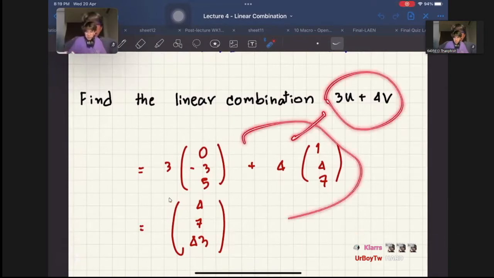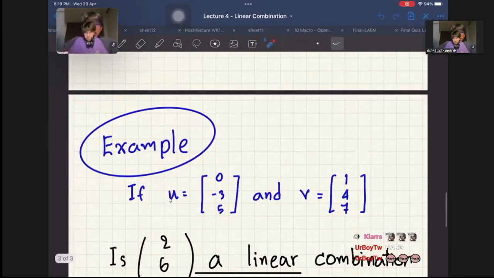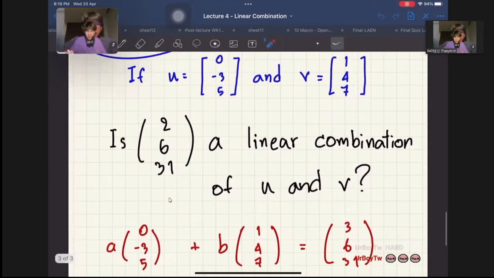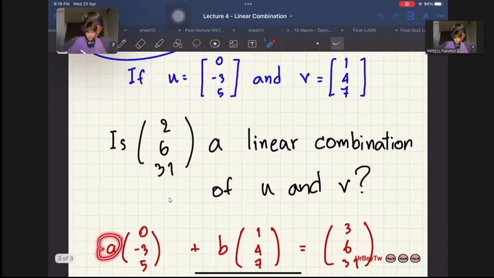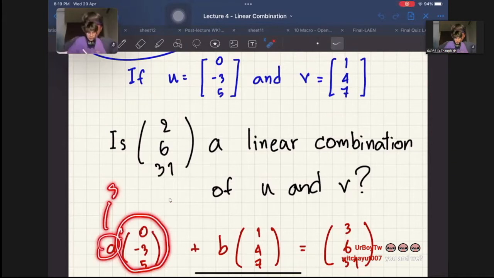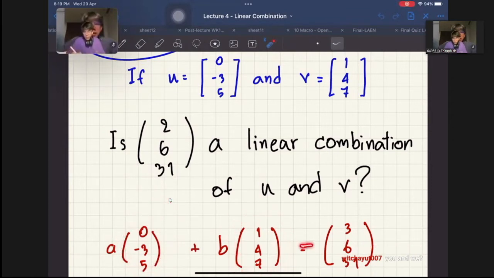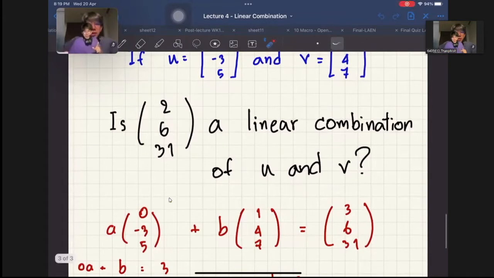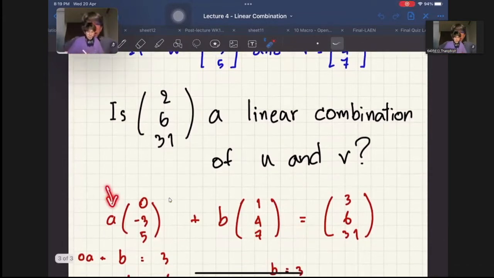We suppose that a scalar times vector u, and another scalar times vector v, will give this vector from the question. This is the definition. We suppose a is an unknown scalar and b is an unknown scalar too.